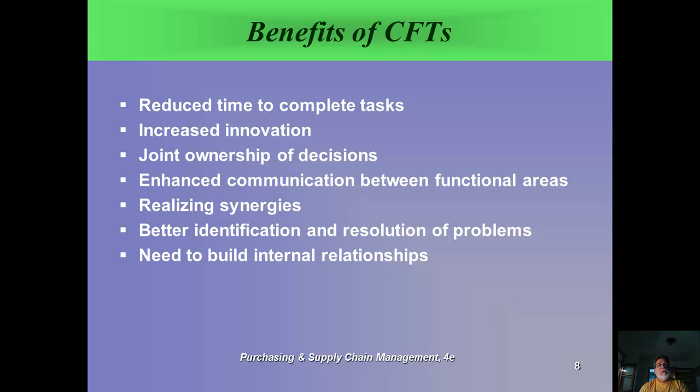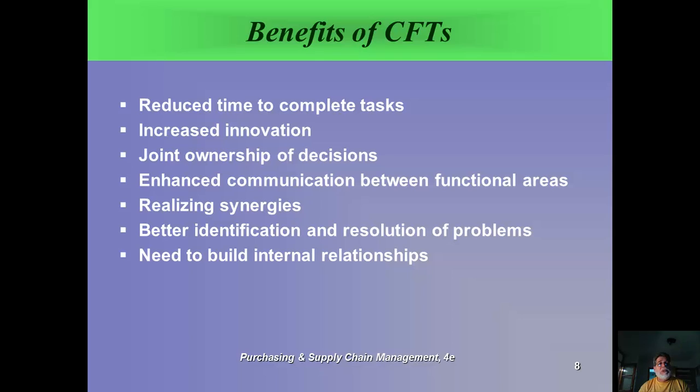There'll be more communication between functional areas within your own organization. You're going to find that to be able to work in a relationship with another company, you've got to fix things up within your own company, which leads to synergy. The idea that 2 + 2 = 5 is that if you separate these items into separate departments, the way we did things is that 2 + 2 is 4.